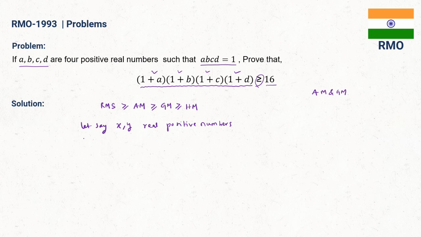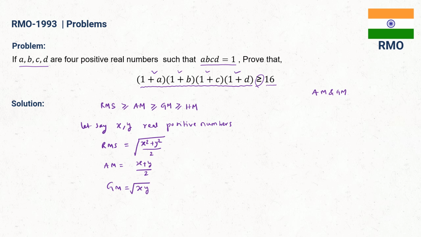Then RMS is equal to the square root of (x square plus y square) divided by 2. AM is arithmetic mean, that means (x plus y) divided by 2. GM is geometric mean, that is the square root of x into y.